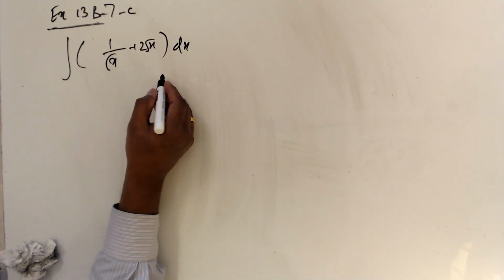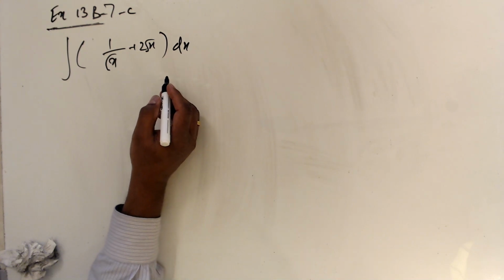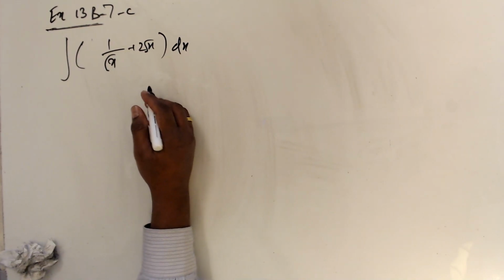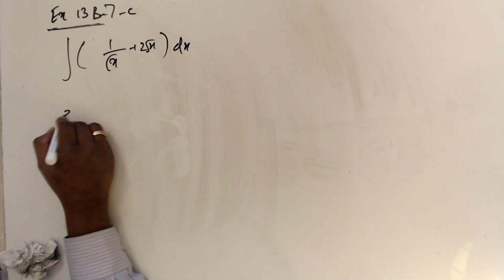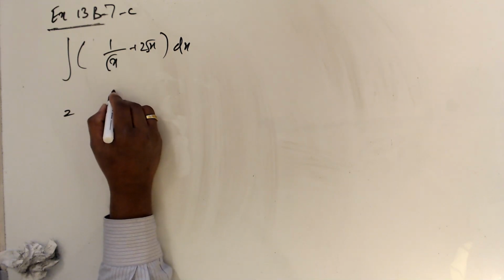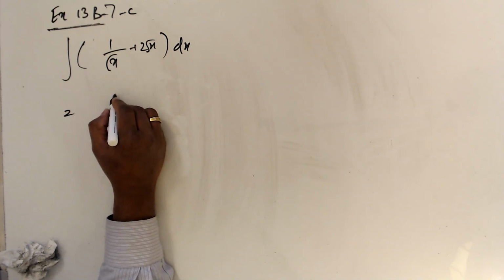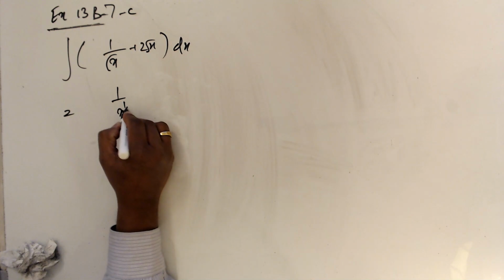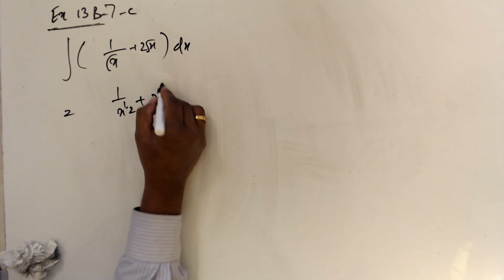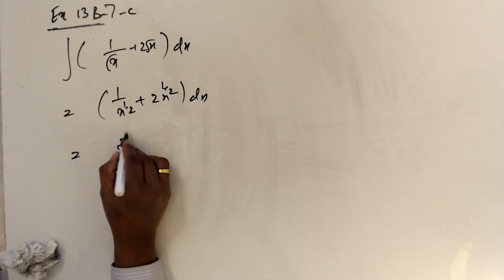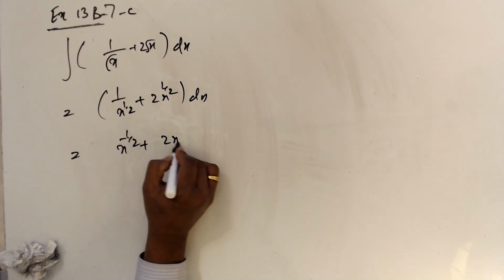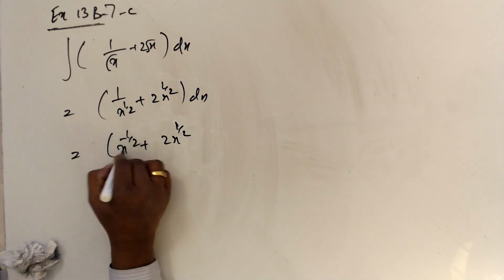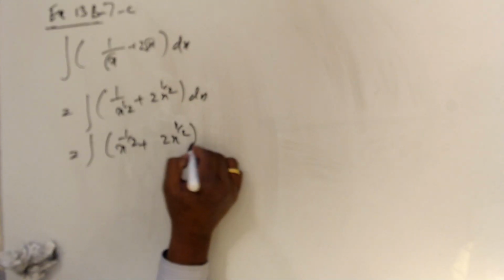Number 7, this one. So this is going to be 1 over x^1/2 plus 2x^1/2 dx. This is going to be x^-1/2 plus 2x^1/2 dx.